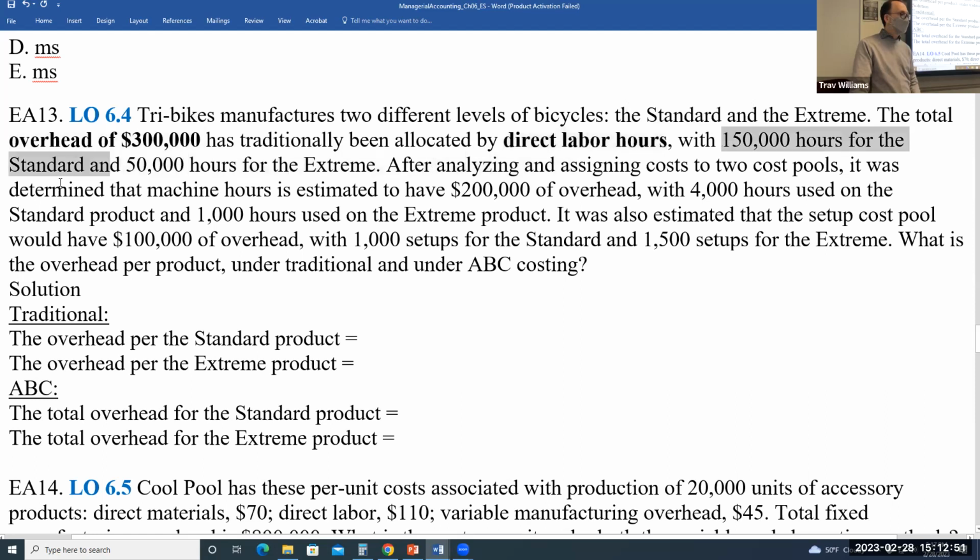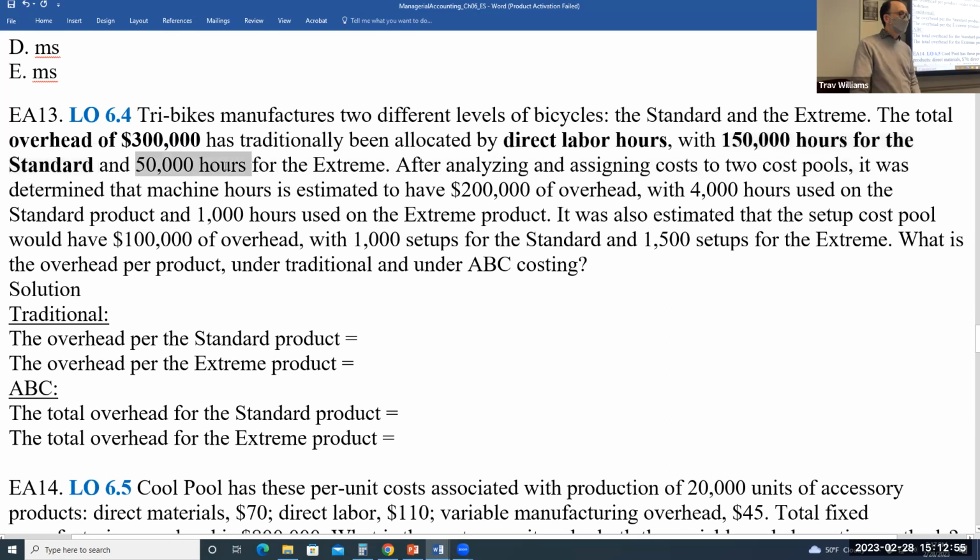With 150,000 direct labor hours for standard, 50,000 for extreme. So the first part of this exercise is traditional costing. So let's go ahead and figure out the overhead using the traditional method, and then we'll move on and do the second part.